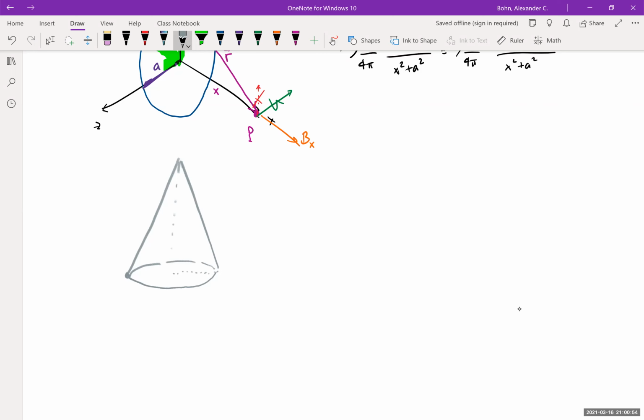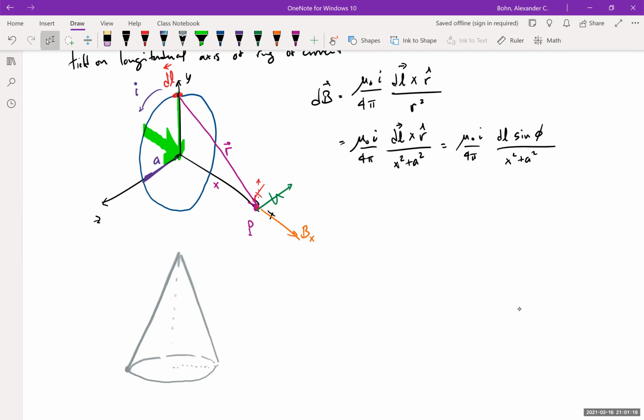But this slant, which is our point-to-point position vector, r, lies in the plane of the page. They're perpendicular. Gotta be. So when our formula asks for the sine of the angle between dl and r, it's just 1.